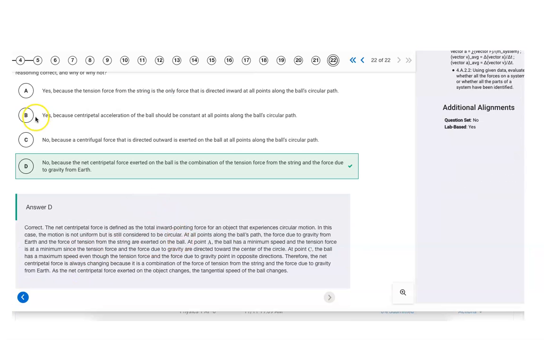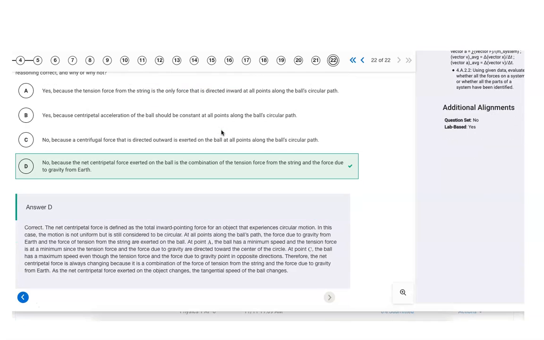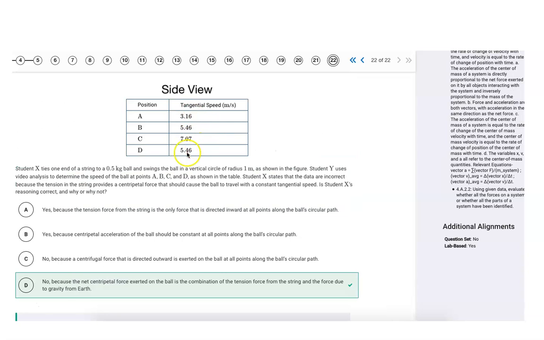However, I think B would be very tempting to choose, because usually, yes, during uniform circular motion we have a constant centripetal acceleration. So that's what we would expect. However, based on this data, you should trust the video analysis, and it's really different.